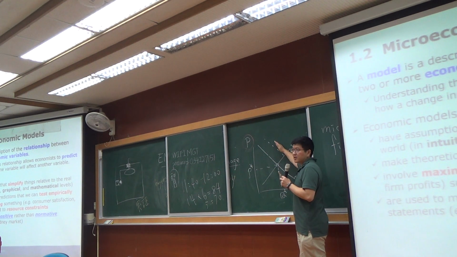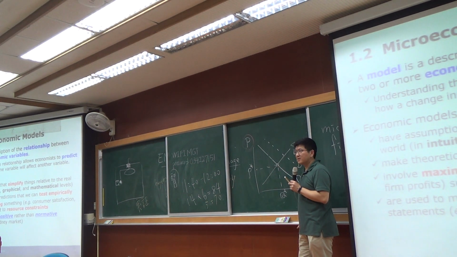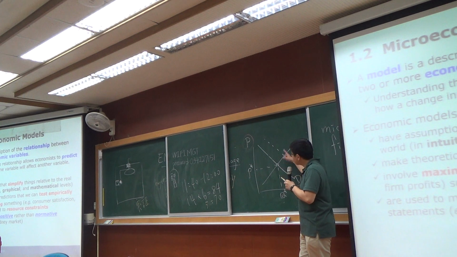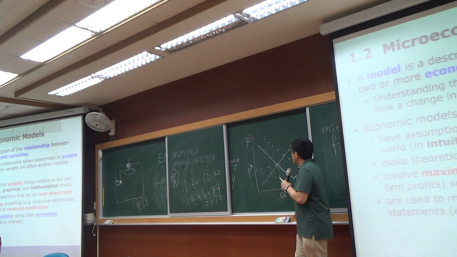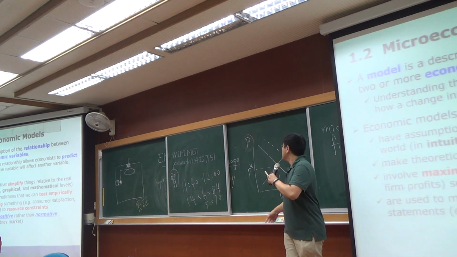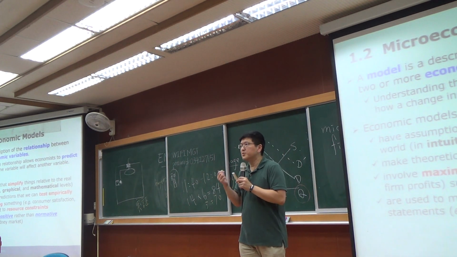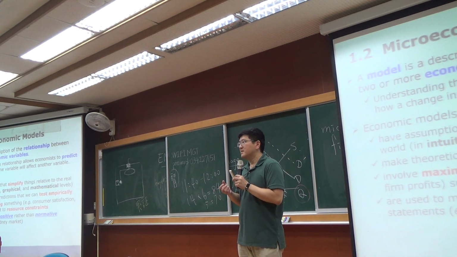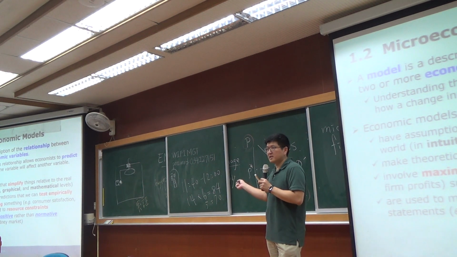After the increase of the demand, you will predict the price will rise, okay? It goes up, and also the transaction quantity goes up. So this is a kind of prediction by the model, and we may test this prediction with what? Empirical data. So we may collect the data and check if the price of the kidney rises or not.